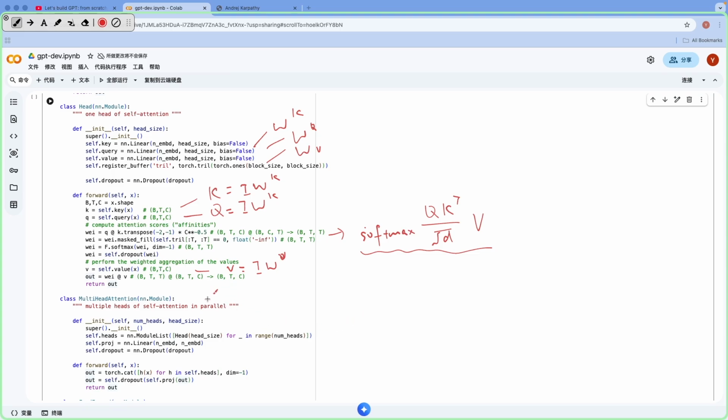In the multi-head attention, he just stacks all the independent heads together and passes them through a projection layer. After the projection layer, he uses dropout to avoid overfitting. So it's a very simple and standard multi-head attention mechanism.